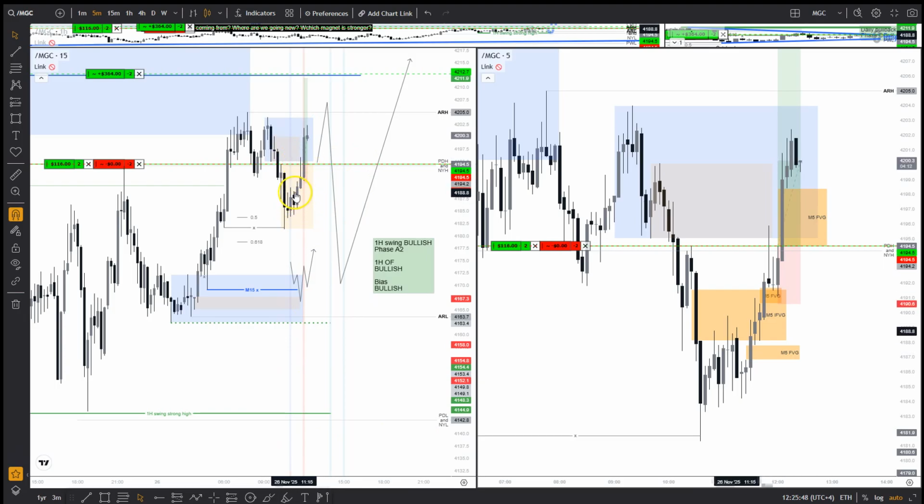There is a small fair value gap here, but the proper fair value gap will be made after this M15 close, which is in 5 minutes. If we manage for 5 minutes, that will be a fair value gap on M5.